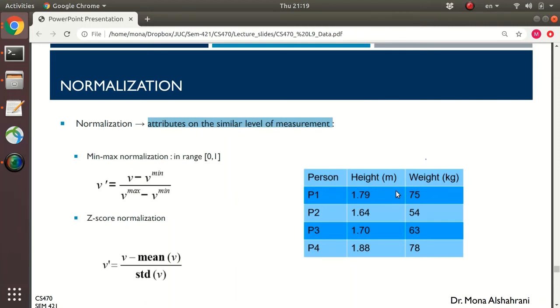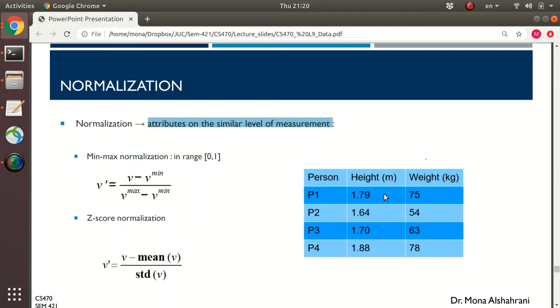For example, let's see this data matrix where we have heights that range from 1.5 to 2 meters, and weights that are normally above 45 kg for different people.